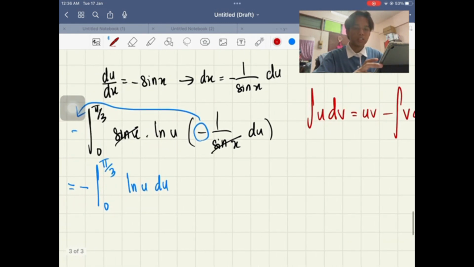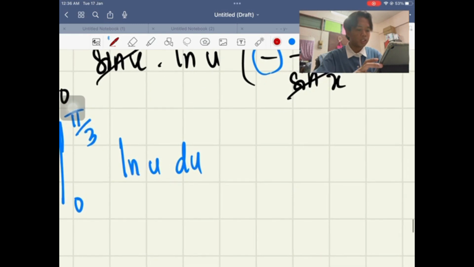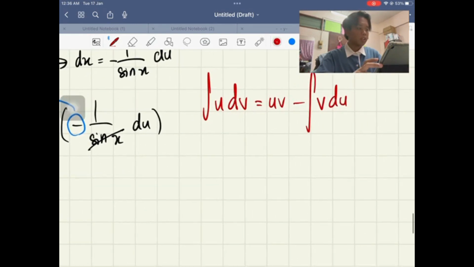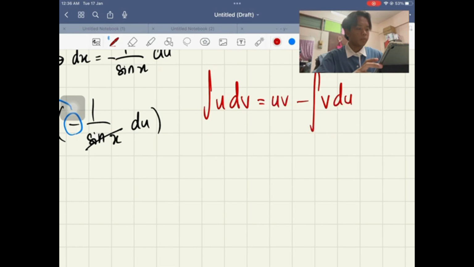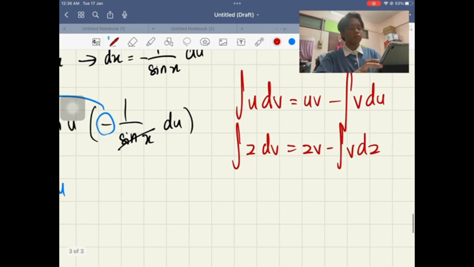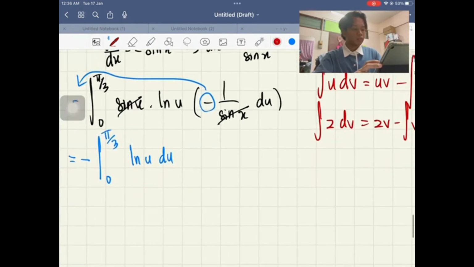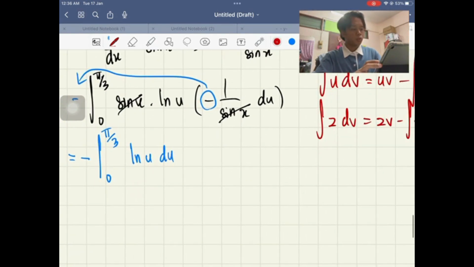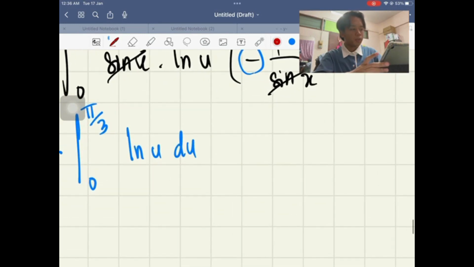But we can see here the equation uses the letter u, so I will change the letter u in the formula to z, so it becomes integrate z dv equals zv minus integrate v dz. Then we continue the integration by parts.